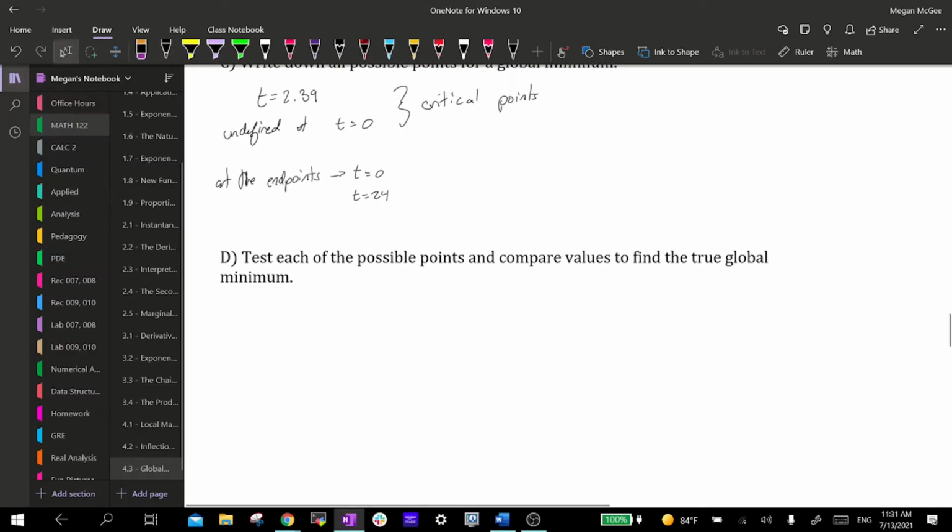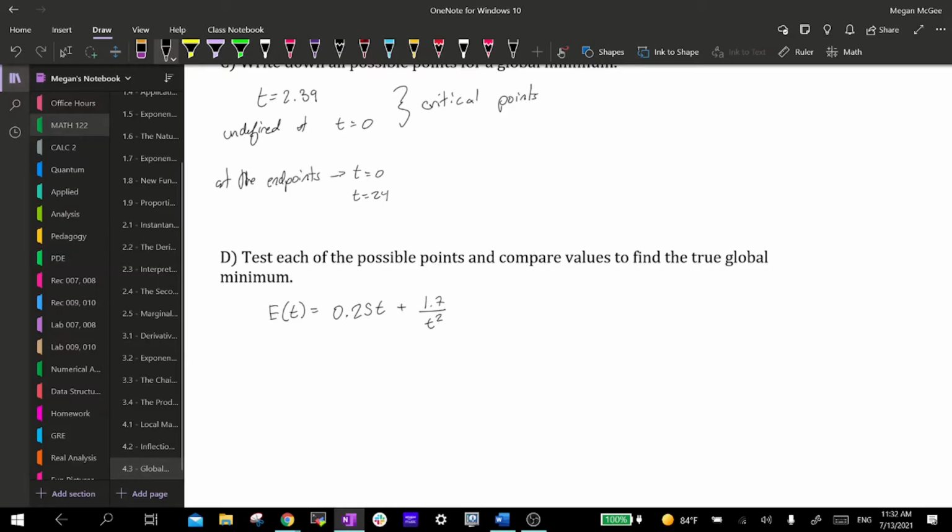All right, so part D asks us to test each of the possible points and compare the values to find our true global minimum. All right, so the original function was e of t is equal to 0.25 times t plus 1.7 over t squared.